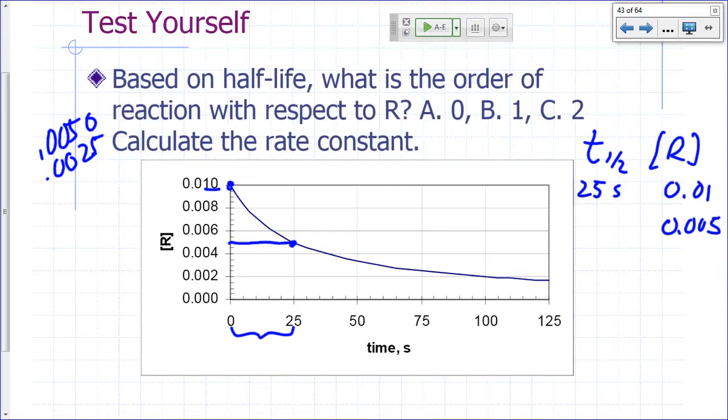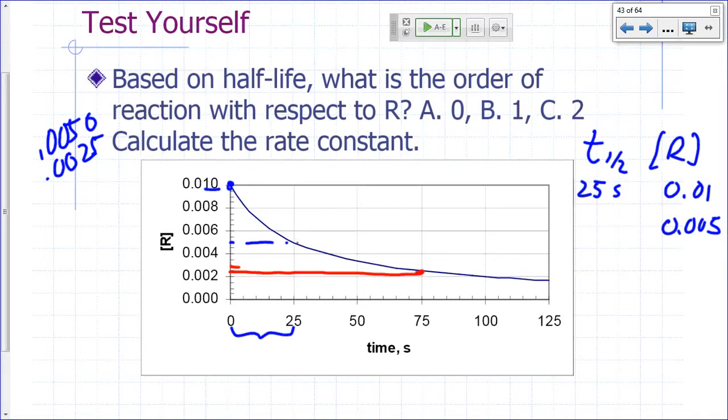Where would 0.0025 be? Here's 0.002, here's 0.003, so 0.0025 is over here. That's 0.003 right there, so this is 0.0025.